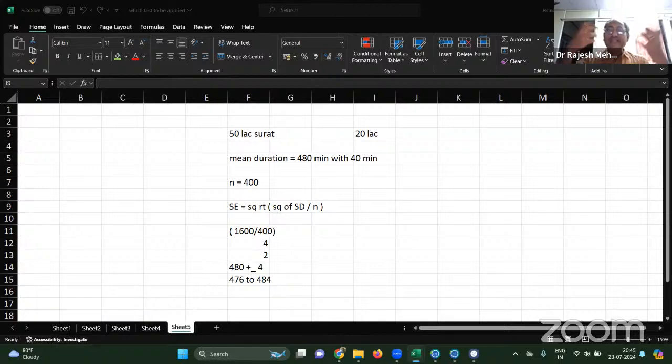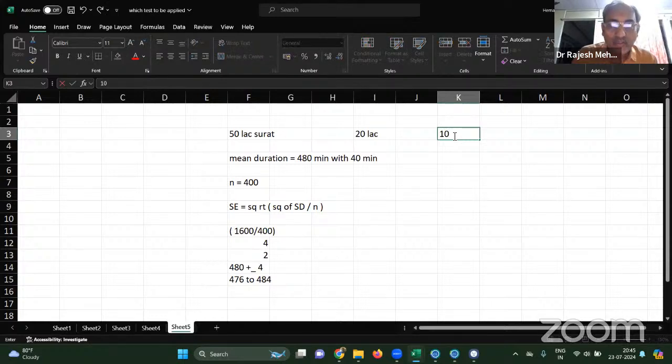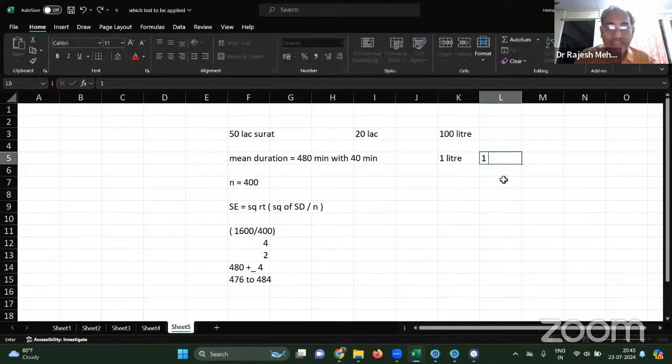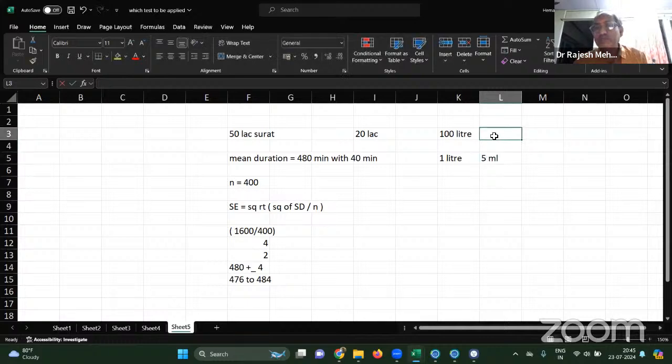Because when you take a representative sample, suppose in your marriage party you have 100 liters of dudh pak, and then you taste, and in your home it is 1 liter of dudh pak, and then also you taste. Here you taste 1 chamach, around 5 ml. Does it mean that you taste 500 ml over here? No, it's a sample.